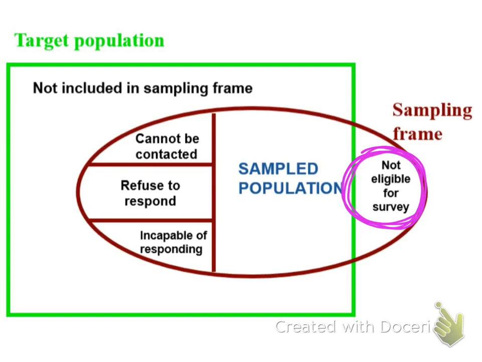They wouldn't be regular customers of the cafeteria. So while I can get an address for them, I've got information on how to contact them, they aren't people I actually want to contact. So that would be, for example, looking at the parents. They aren't part of my target population, but I've got a list of their names and contact details through the school system.